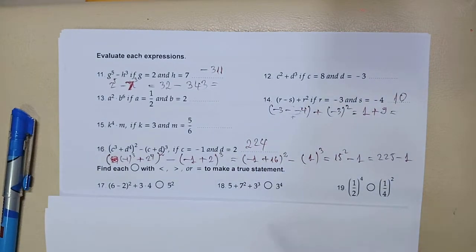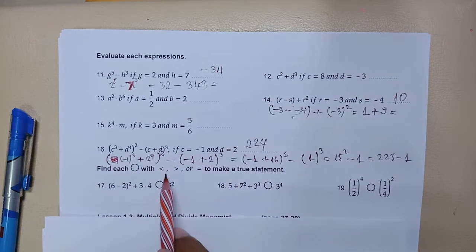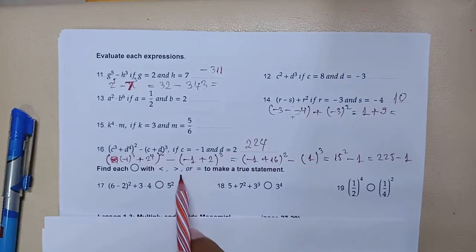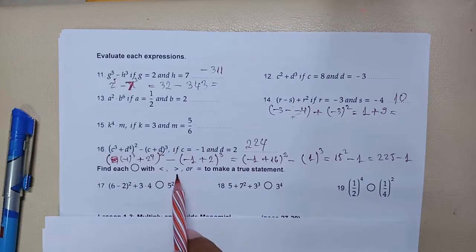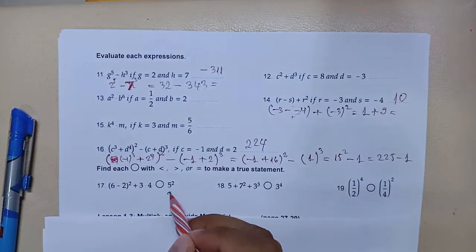Okay, and for the last section in this lesson, you complete the circle here with greater than, less than, or equal to, to make a true statement. So this is obviously 25 in this section.